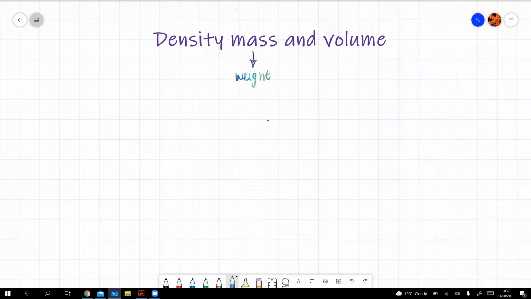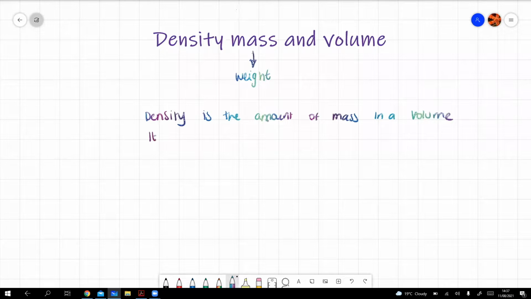So how much there is in a 3D shape, you could say, or for example, how much you can fit into a 3D shape, or the measurement inside a 3D shape, that's volume. And then density, well, density is the amount of mass in a volume.